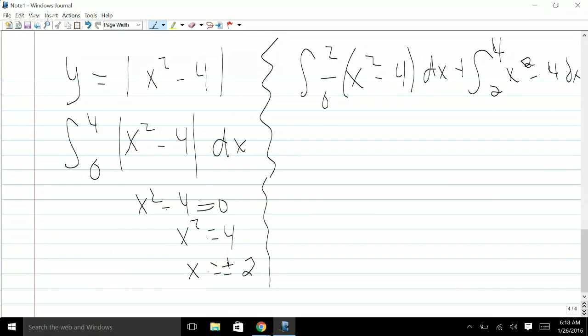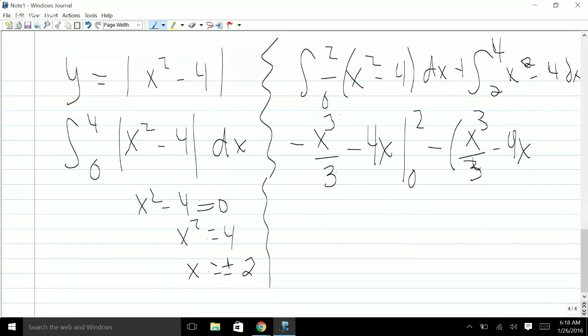Okay, so the negative there, and then the integral is x cubed over 3 minus 4x evaluated from 0 to 2, minus x cubed over 3 minus 4x from 2 to 4.